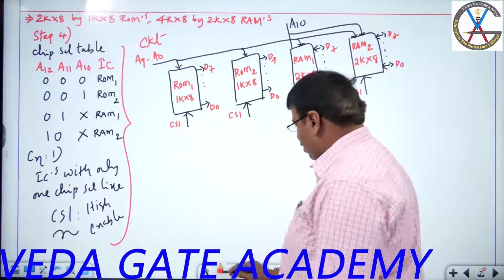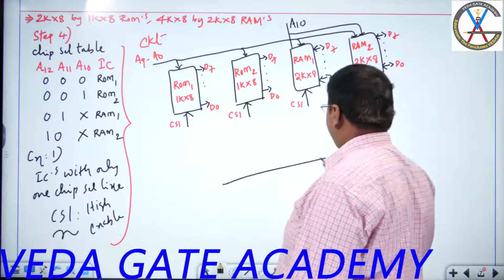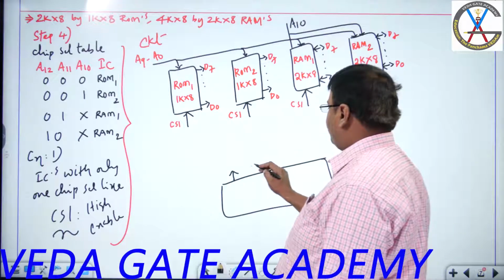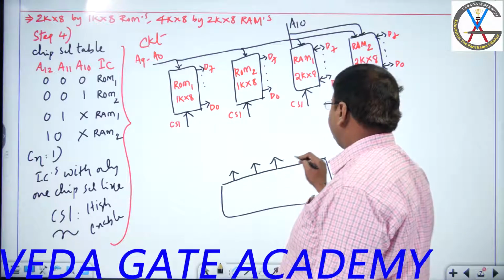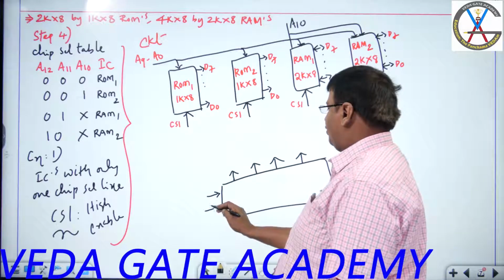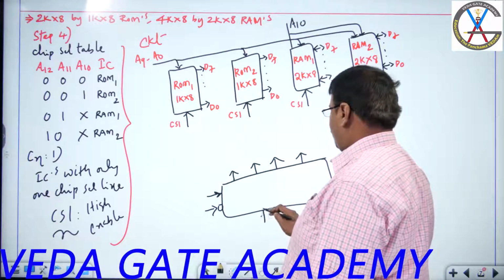Now, let me take a decoder, a 2:4 decoder. Four outputs, E1, E2 bar, as we know, just like chip enable, and 2 inputs.